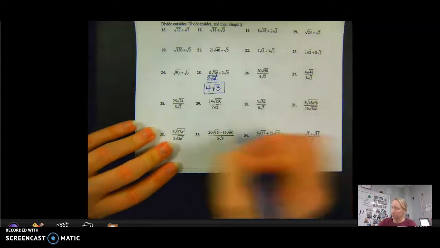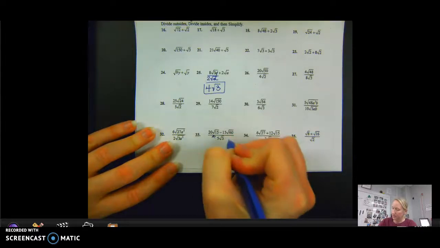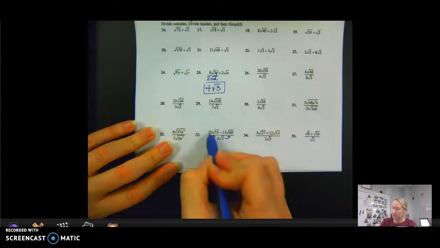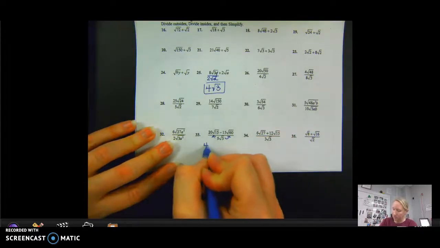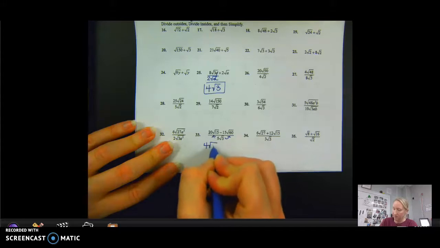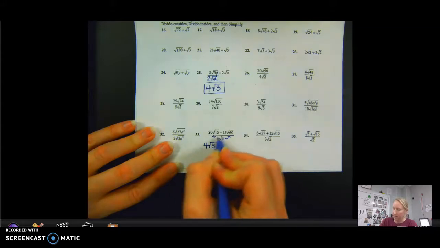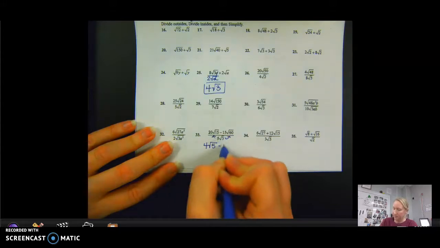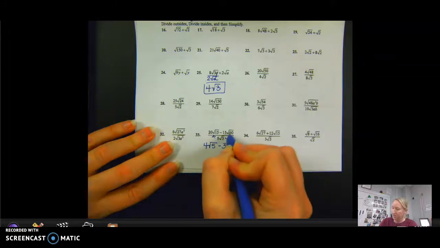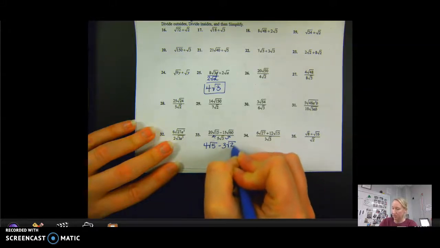If I'm looking down at 33, I have to divide this into this guy and into this guy. So I'm going to do 20 divided by 5, which is 4. Square root of 15 divided by 3 is square root of 5. Then I do minus. 15 divided by 5 is 3. Square root of 60 divided by square root of 3 gives me the square root of 20.